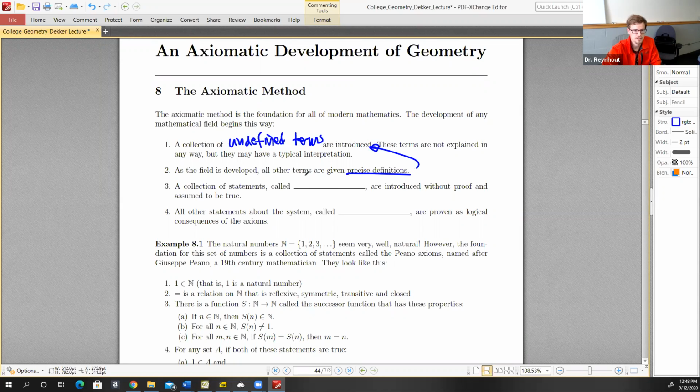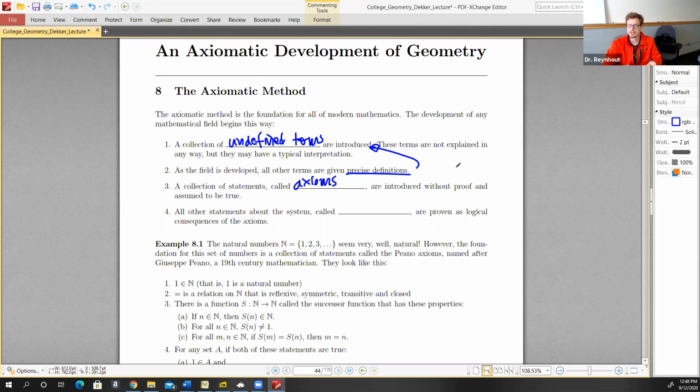So then a collection of statements called axioms are introduced without proof and assumed to be true. Okay, so we just make a collection of statements and we assume that these statements are true. Now, there's actually quite a bit of discussion that can be had about this.